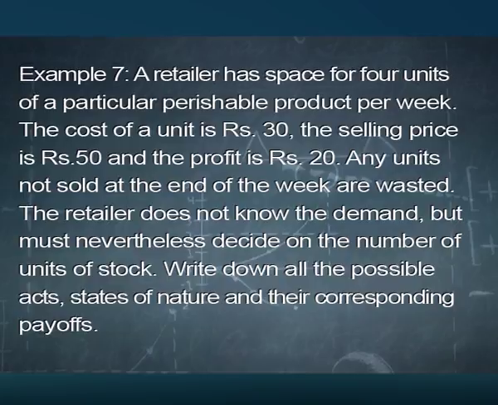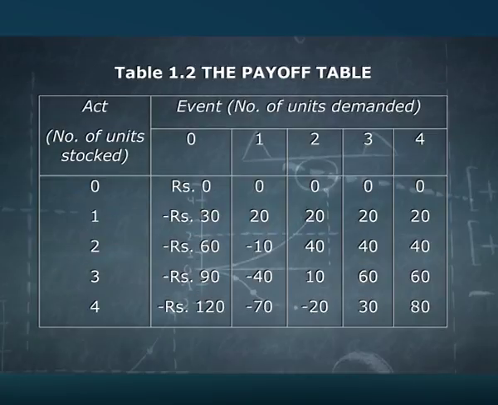Write down all the possible acts, states of nature and the corresponding payoffs. So let's see the solution. We have a table here, 1.2, which shows the payoff resulting from all the possible combinations of actions, the number of units stocked, and events, that is, the number of units demanded.